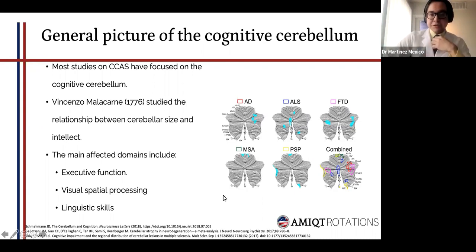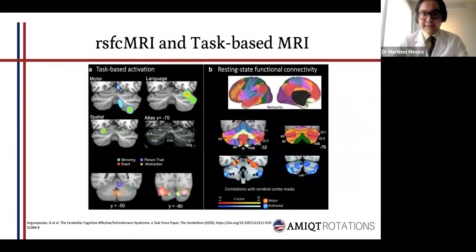Also, some studies have shown in multiple sclerosis that lesions tend to be located on the cerebellum, particularly on the midline and on non-motor areas. So patients with multiple sclerosis can also develop cognitive and affective changes. This is an example of two tests, resting state functional connection MRI and a task-based MRI.